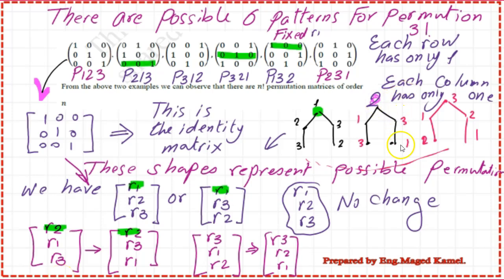Then we have 2 3 1: second row, third row, then first row. And the last two are 3 1 2, R3 R1 R2, and the last pattern is 3 2 1, R3 R2 R1. If we count them, we have 1 2 3 4 5 6 possible arrangements.